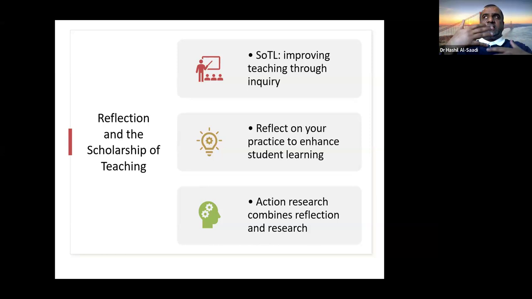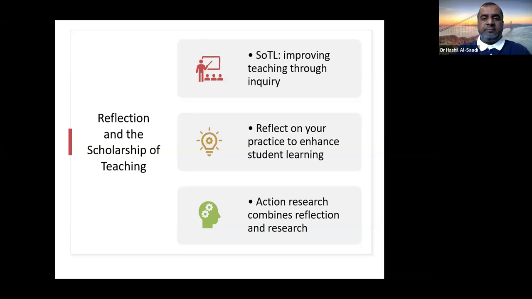And through this kind of engagement in research, you develop new knowledge, and that is scholarship. So you base your practice on research results. That is scholarship. So SoTL is a type of action research. And we also have EAR, the exploratory action research.